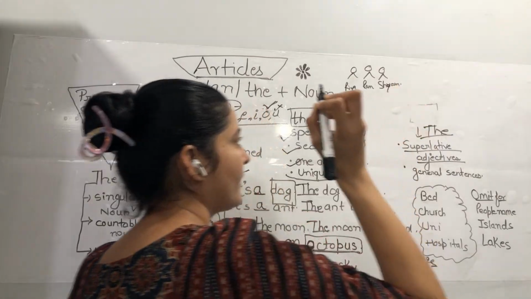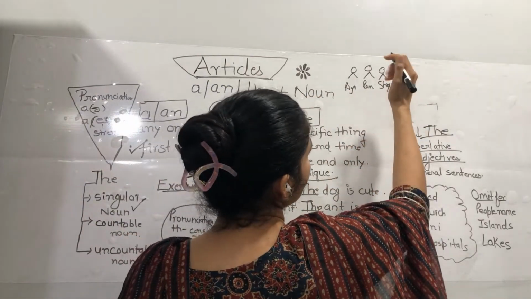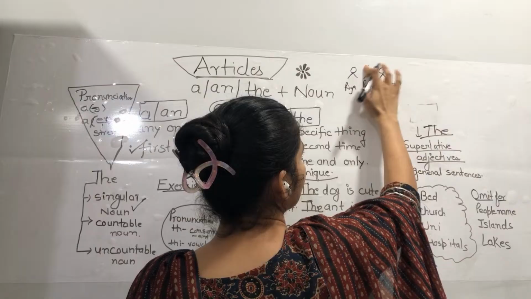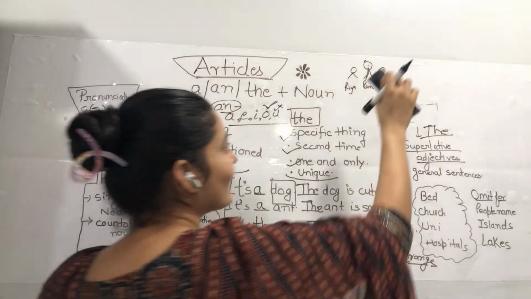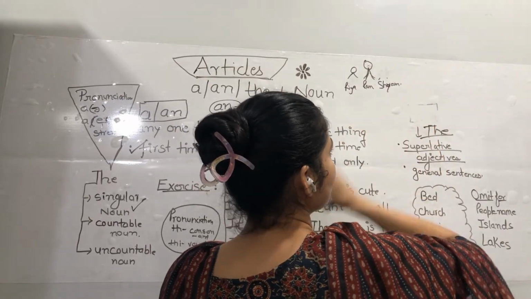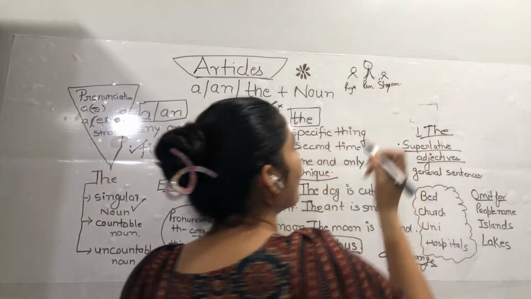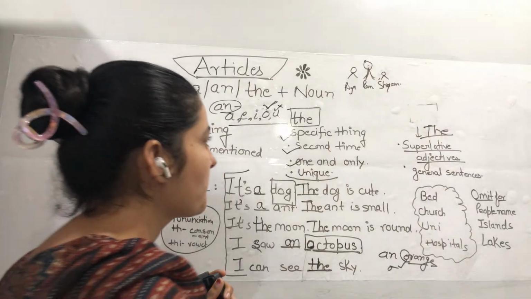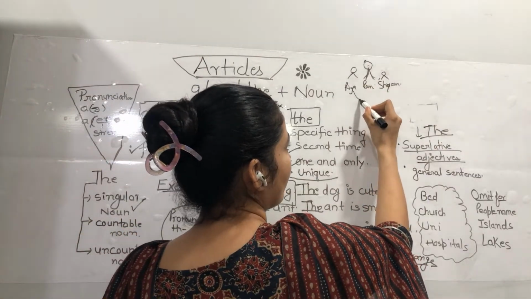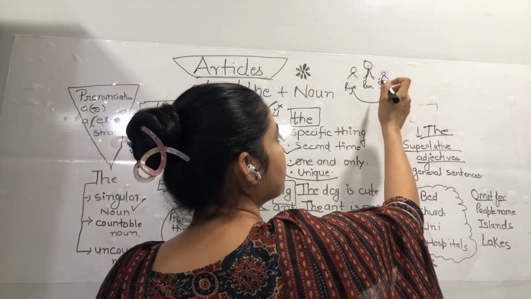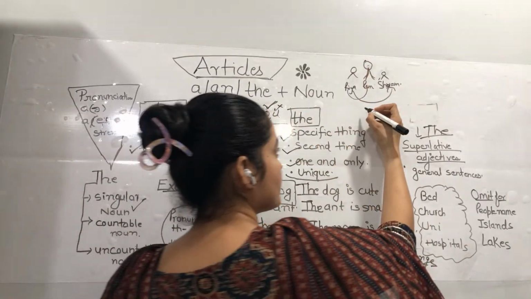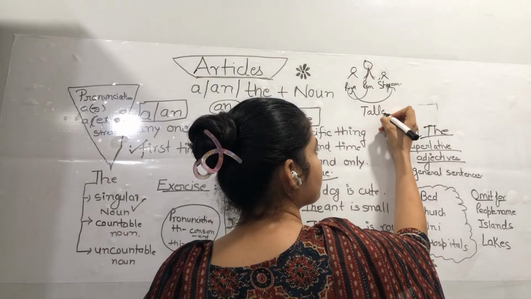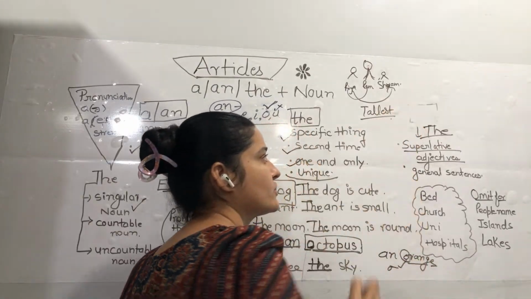Okay. And see, Ram is the tallest and Sham is shorter. So Ria is taller than Sham, but Ram is the tallest. Okay, Ram is the tallest, means tallest. So what is tallest?